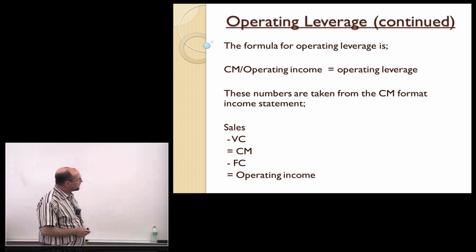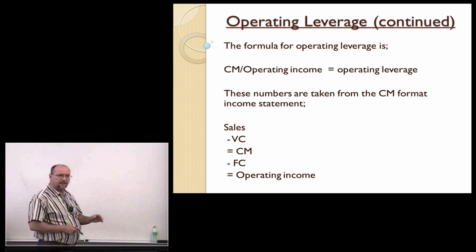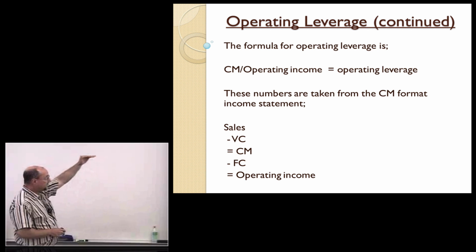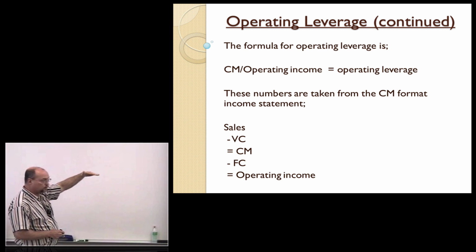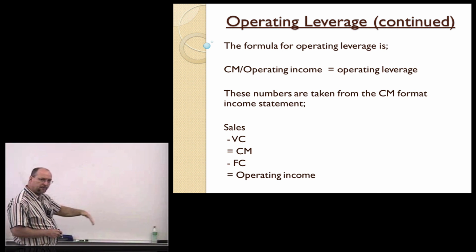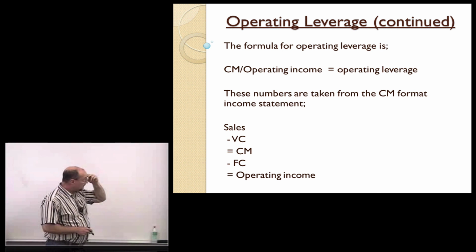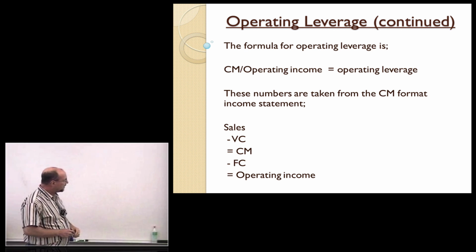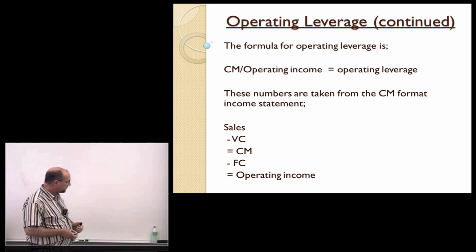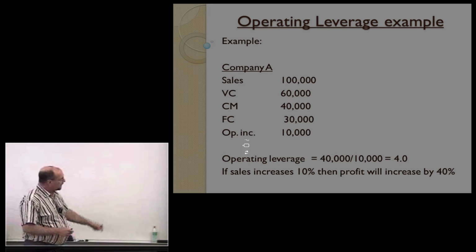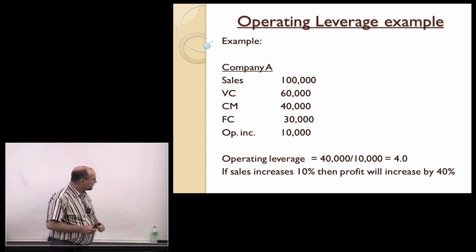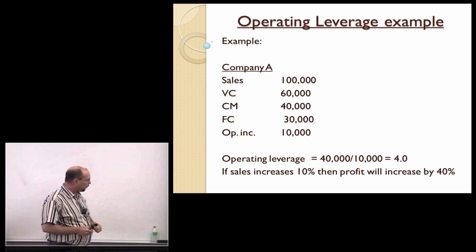Here's our formula. And this comes straight from the contribution margin formatted income statement. Remember, sales minus variable cost equals contribution margin, minus fixed costs equals operating income. Our formula is contribution margin divided by operating income gives us what we call operating leverage. Company A has sales of 100,000, variable cost 60,000, giving a contribution margin of 40,000.